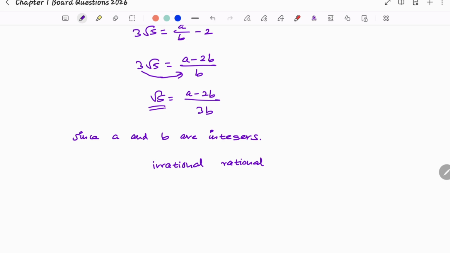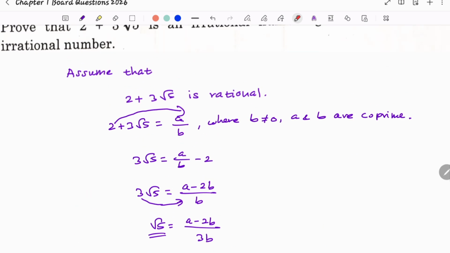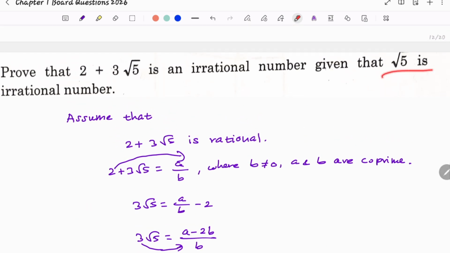Right side rational, left side irrational, but we got the statement that both are equal. Really, these two are not equal, since a rational number is never equal to an irrational number. So we got a contradiction to root 5 being irrational, which is given in the question.